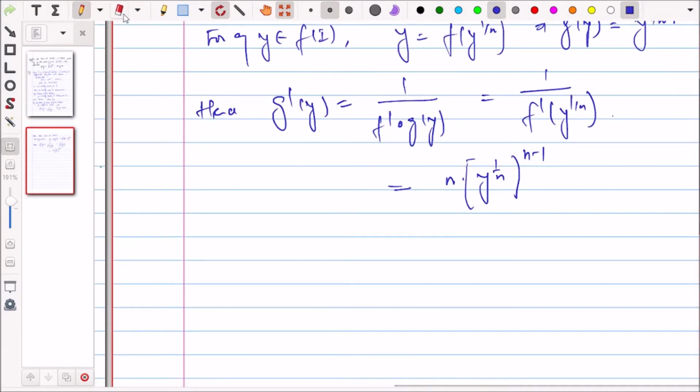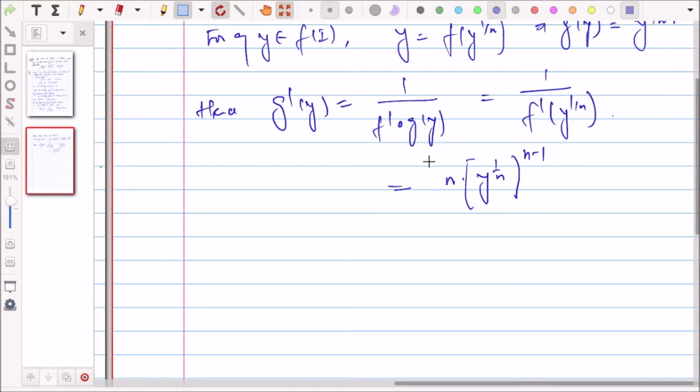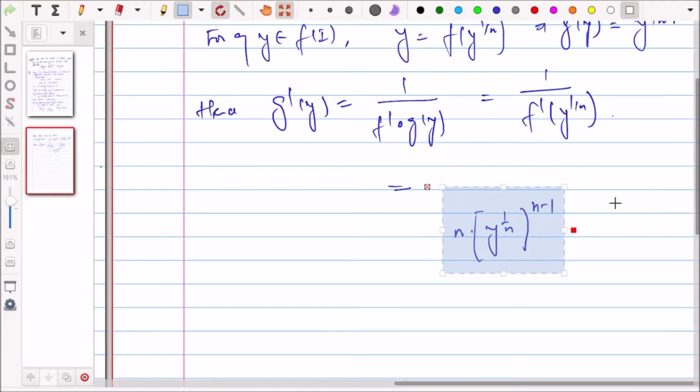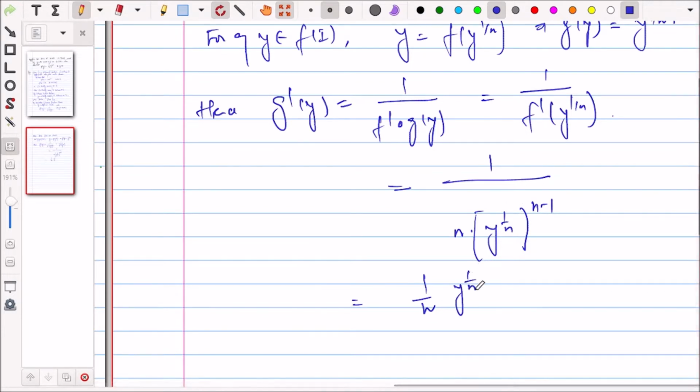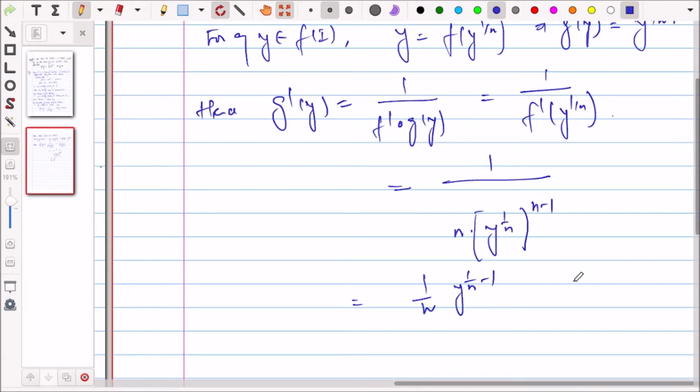So this will be in the denominator, 1 by y to this. So this is 1 by n, or you can simplify it, so it will become y, because when you bring it to the numerator it will become negative, so it will become 1 by n minus 1, right?